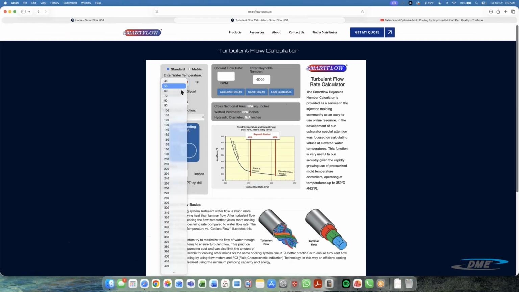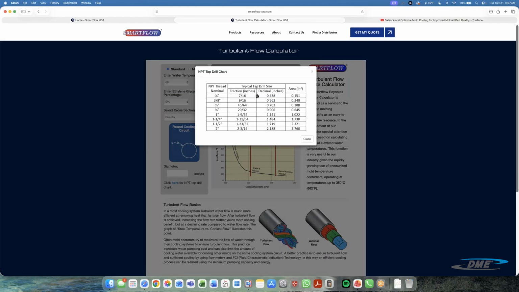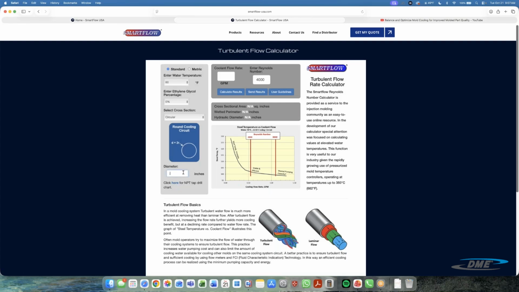The one we talked about a second ago was 70-degree water, 3/8 inch diameter. So let's just do 60-degree water, and then we'll do a 1/4 inch, so 0.438 on the tap chart. We're not going to add glycol right now, and we're going to say we want a 4,000 Reynolds number.